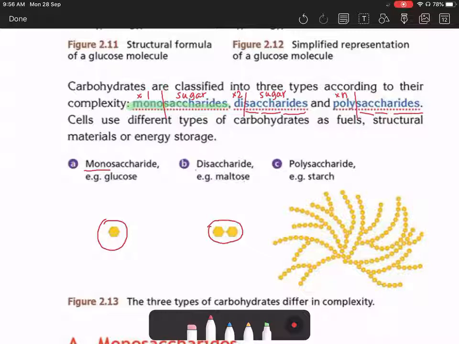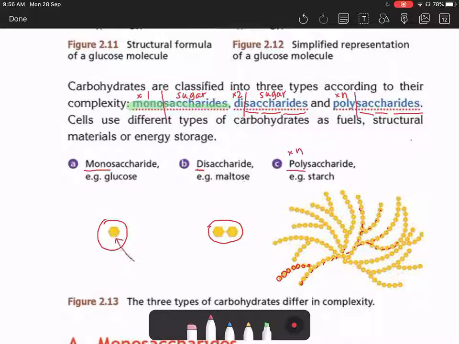That's why we call them disaccharide. And then we can build many of them together. 1, 2, 3, 4, 5, 6, 7. Wow, so many in this diagram. I'm not going to count them all, okay? Anyway, I know that there are many, many sugars together. So that's why we call them polysaccharide.